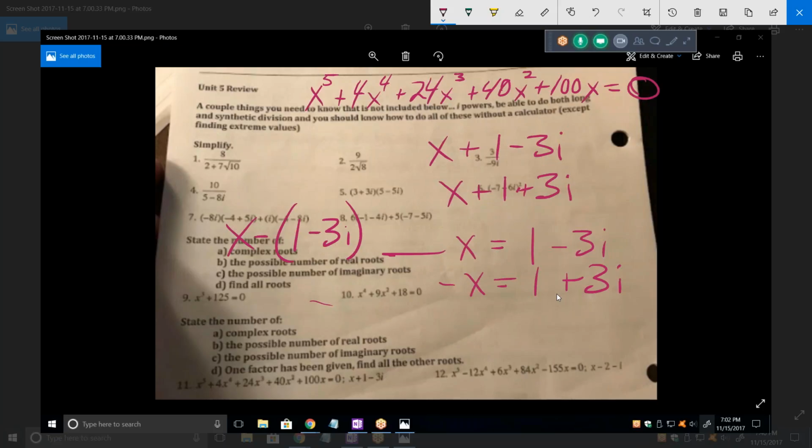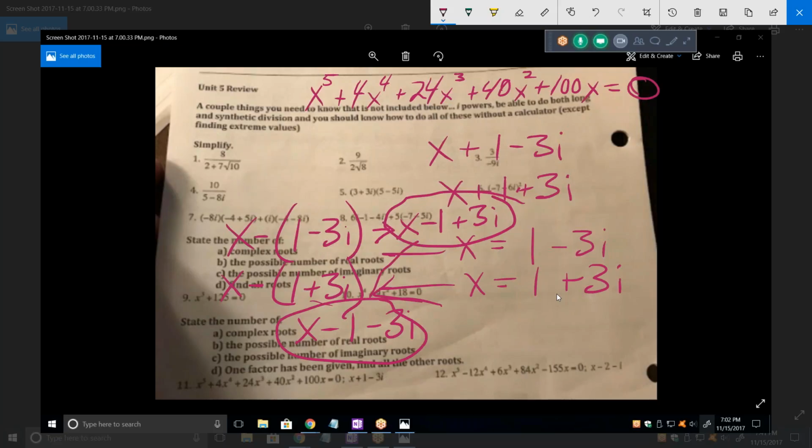And the factor for this one would be x minus 1 plus 3i. If I remove the inside parentheses, this one becomes x minus 1 plus 3i, and this one becomes x minus 1 minus 3i.